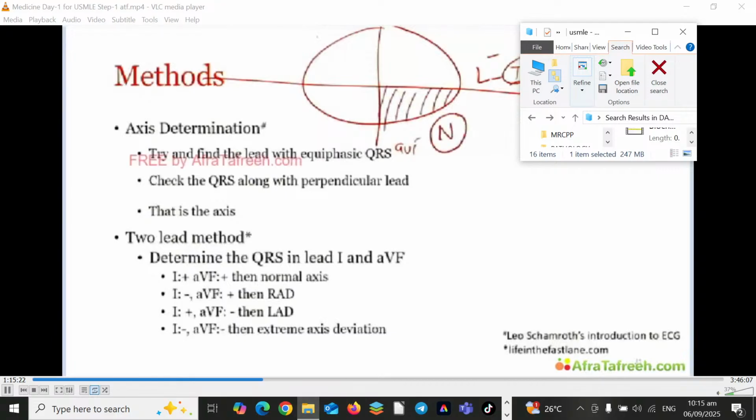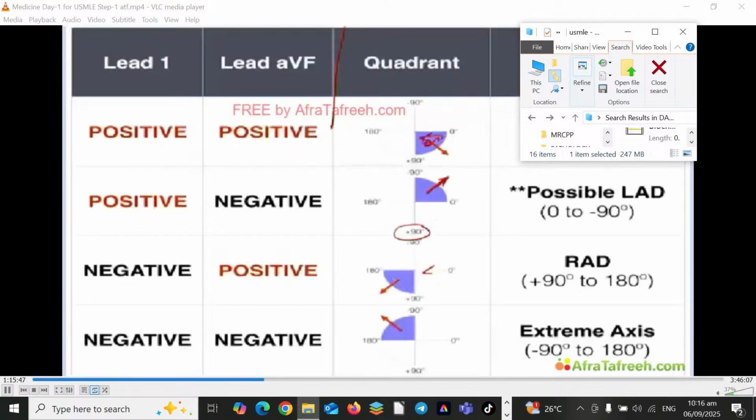When you say it is right axis, it cannot be on the left side. So lead 1, the demonstrator of the left side, is negative, and it would be on the downside. So AVF would stay positive. So this half is your right axis deviation.